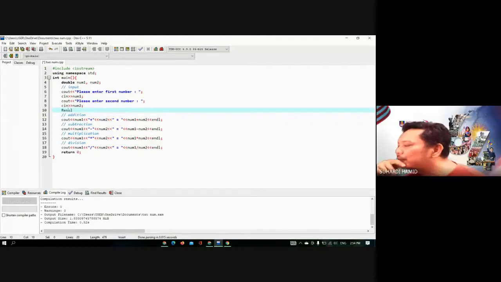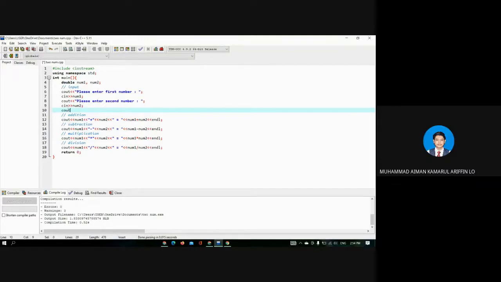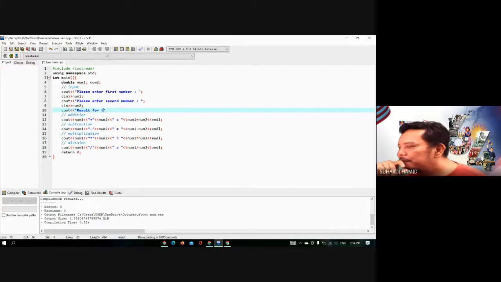You have to cout first. Result for the following process are as shown below. You put a colon after below.